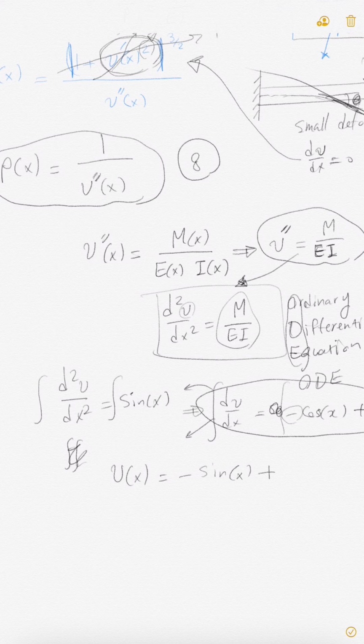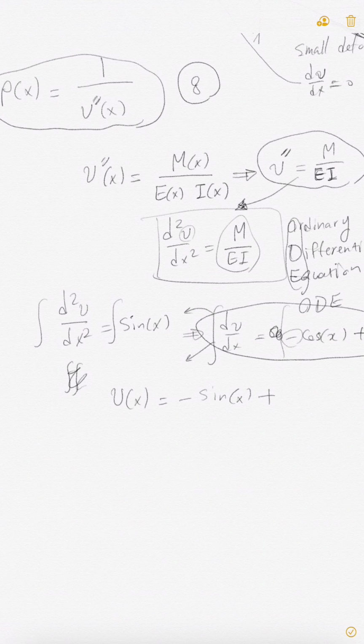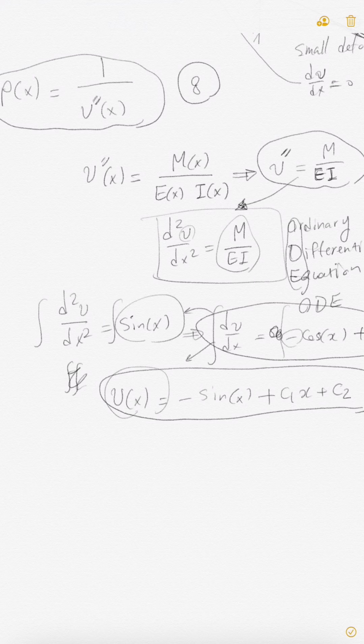Plus the integral of c1, which is c1 x, plus another constant of integration, c2. There you go. What did I do? I just solved for the deflection for the given M over EI, which was sine x, right?